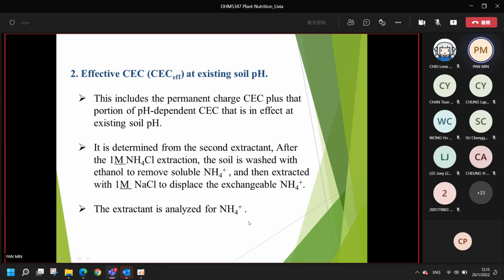The extract can then be analyzed for the ammonium concentration in the soil. So with a different process, different steps, and a different solution, you can determine the cation exchange capacity in different ways.